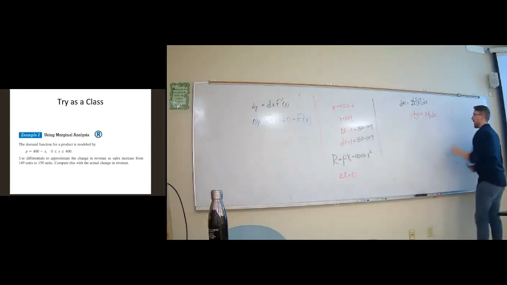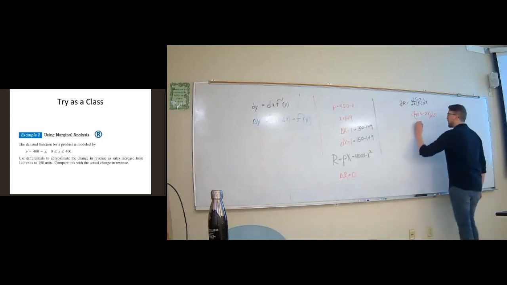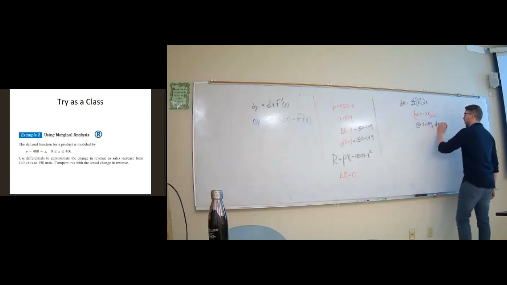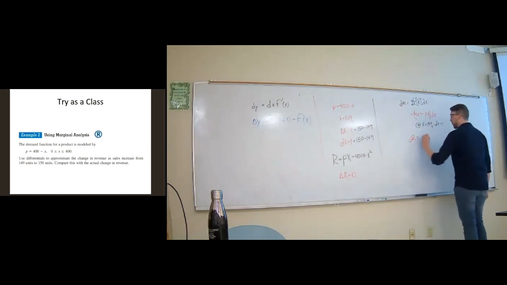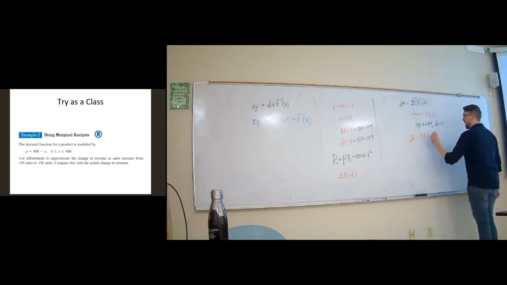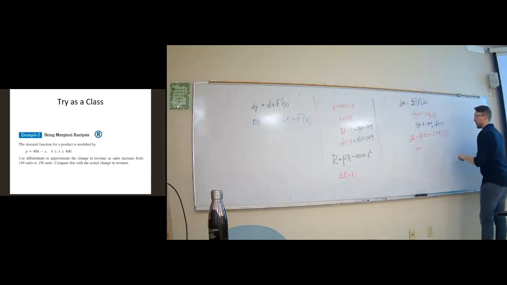So at x equal to 149 and dx equal to 1, dr, the differential, is equal to 400 minus 149 times 2, which is 298, times 1. This is going to come out to be 400 minus 298.